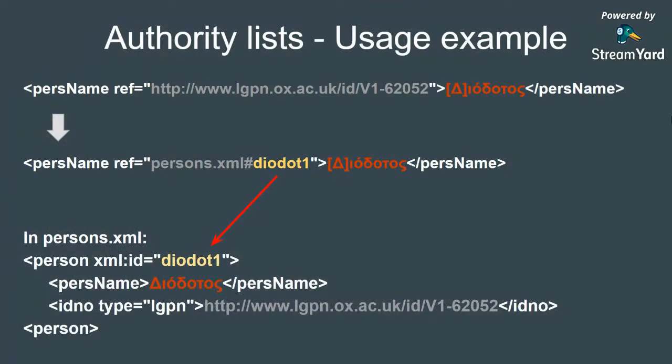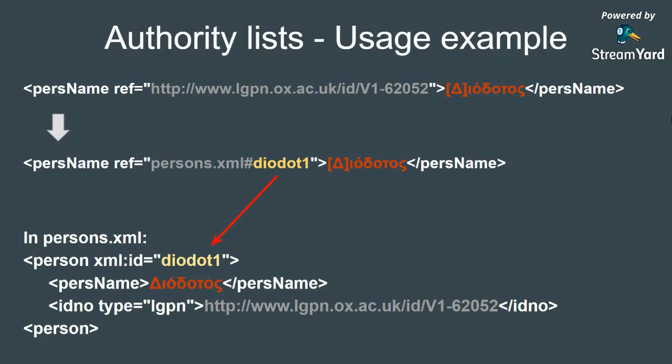And that's how an item in the authority list persons.xml is built. It has to have, at the very least, an XML ID, which is in this case diodode1, and also has to have a name. So a normalized name and a disambiguated name that helps us to index this piece of information.